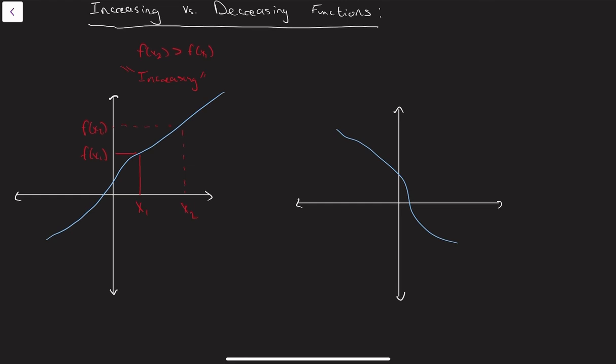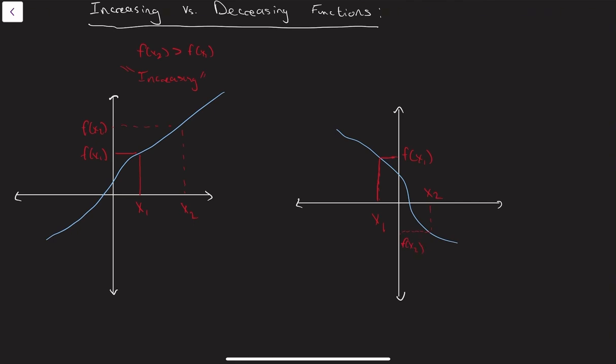However, as shown on the next graph, let's get the solid line. You got f of x1, and over here f of x2.